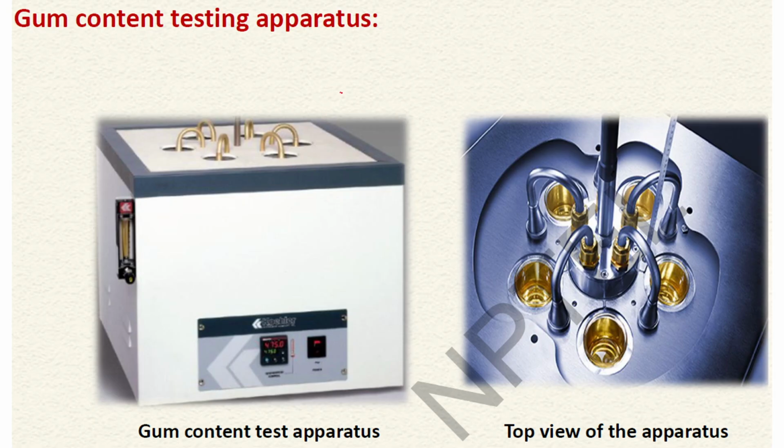coming on to the gum content testing apparatus. Here, vessels are taken in which gasoline is placed. These vessels are put inside these chambers. These are pipes through which hot oxygen will pass.